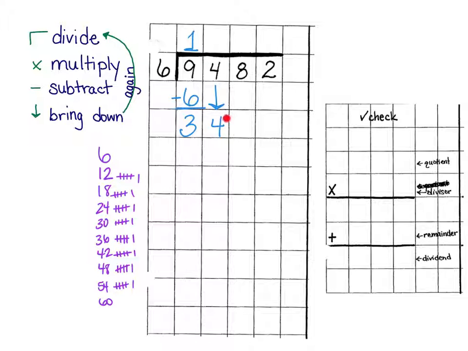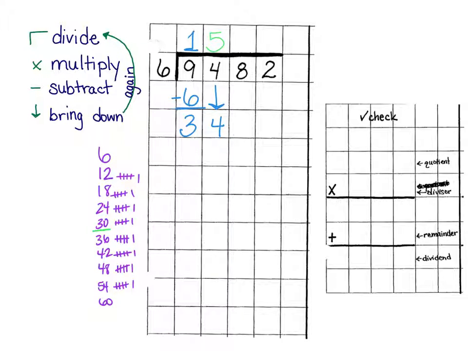Alright, now we need to find out 34 divided by 6. How many groups of 6 are in 34? So 34 would be right here. So we know that there are 1, 2, 3, 4, 5 groups of 6. So at the top we write 5, then we check our division.